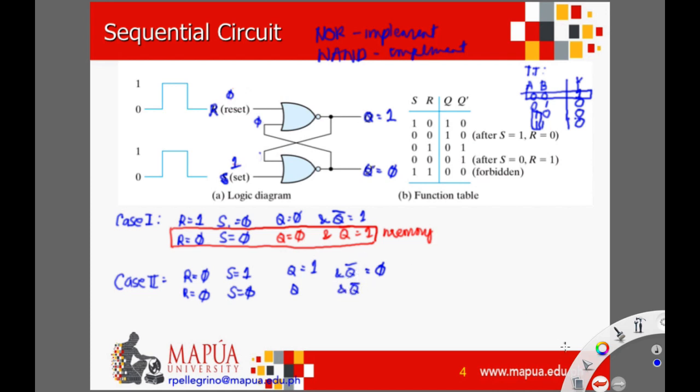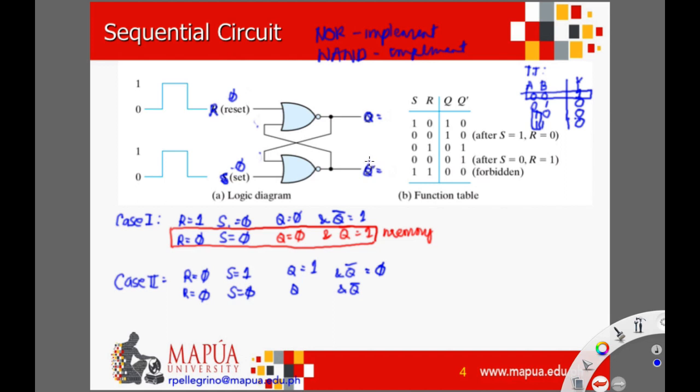So in this case, let's clear out our input. We have 0 and 0. The previous value here is 1.